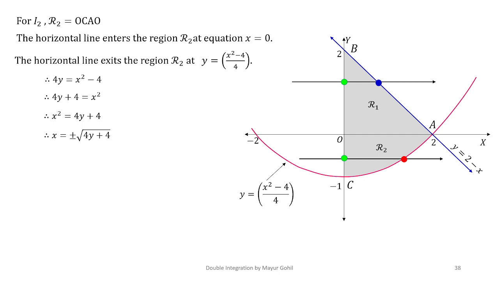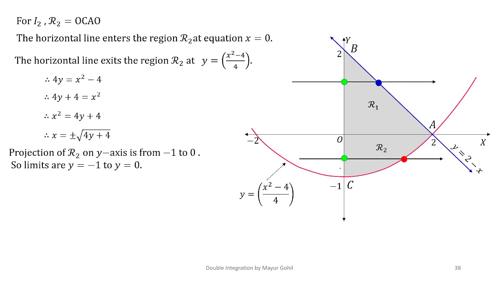So x square equals 4y plus 4, and when we take the square root, we'll take only the positive square root. I'm showing here that two square roots are available, so taking the positive square root, and the projection over here on the y-axis is from -1 to 0.